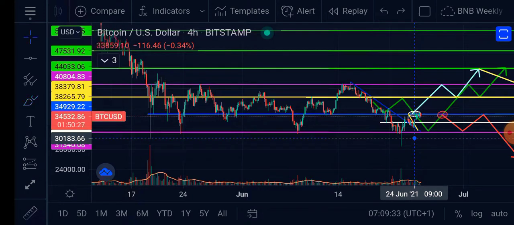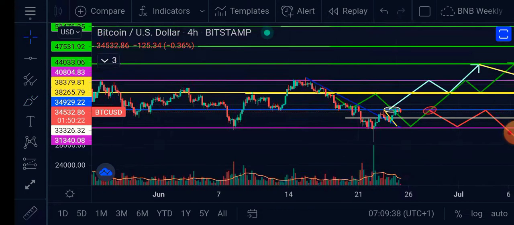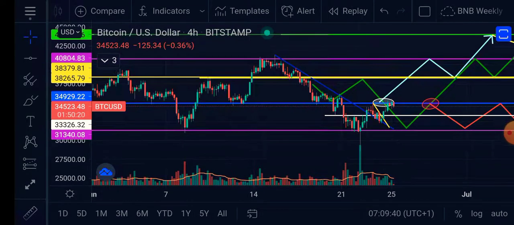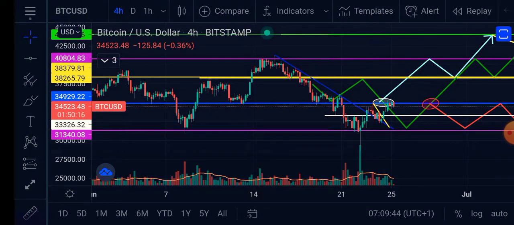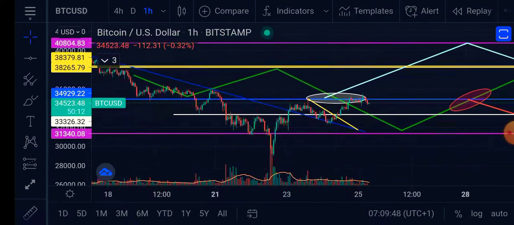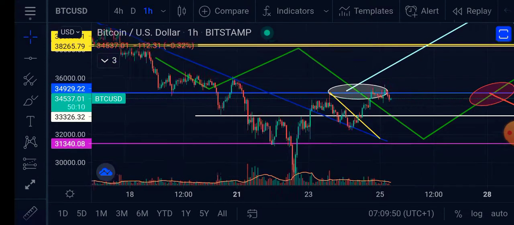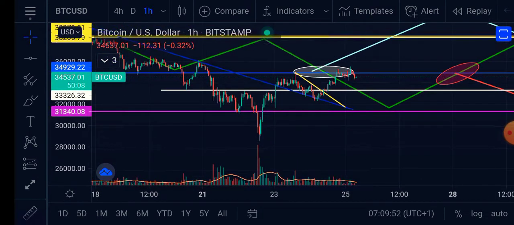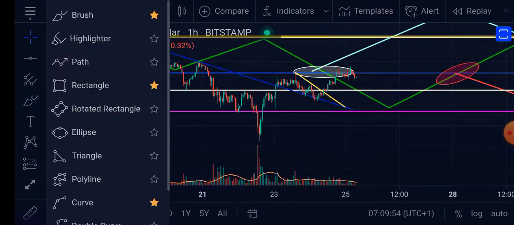So what can we deduce from that? We can deduce that we are currently having a range within a range. Let's go down to the 1 hour time frame to appreciate it more. Let me draw something.